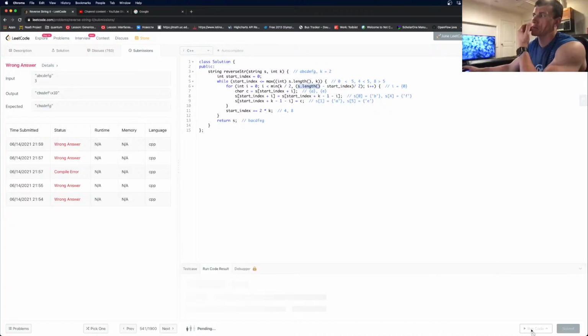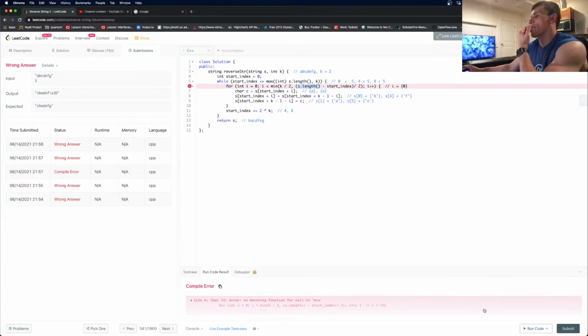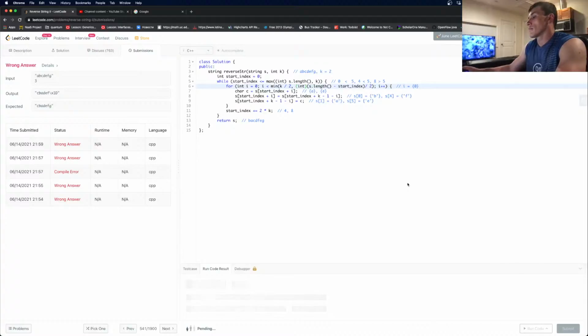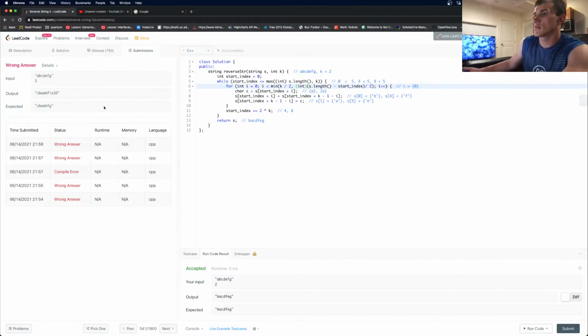Let's see if it still works. This is usually when a lot of people don't like the problem, it's because the corner cases are bad.